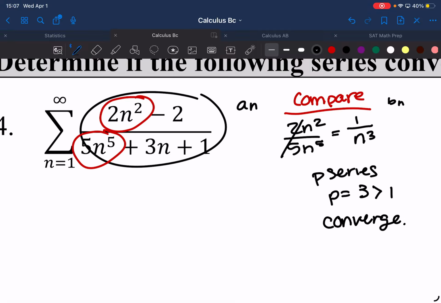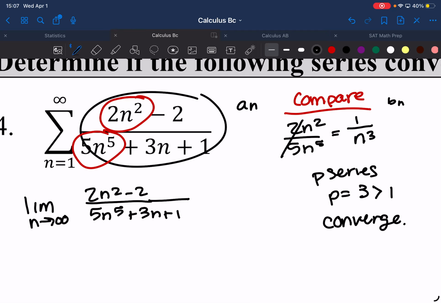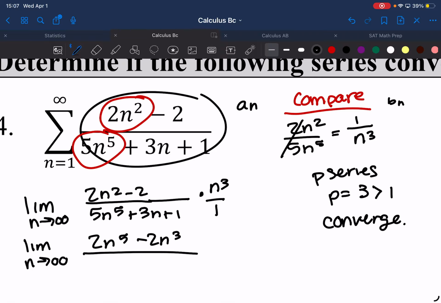Okay, so we take the limit as n approaches infinity of a sub n, which is this entire thing here, and we divide it by b sub n. But dividing by a fraction is the same as multiplying by its reciprocal, so I'm really multiplying by n cubed over 1. When I do that, I get the limit as n approaches infinity of 2n to the fifth power minus 2n cubed all over the denominator, which did not change.